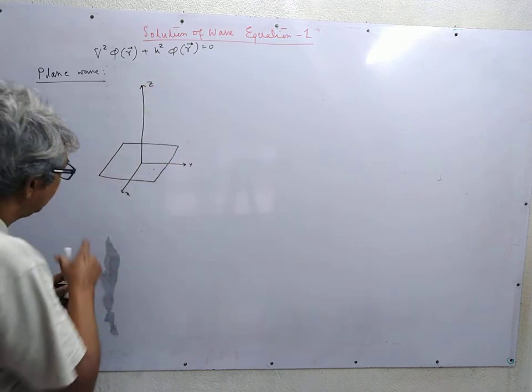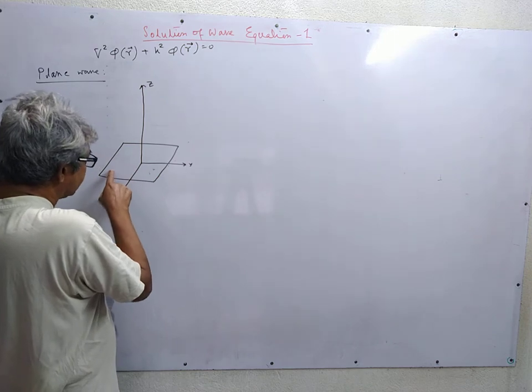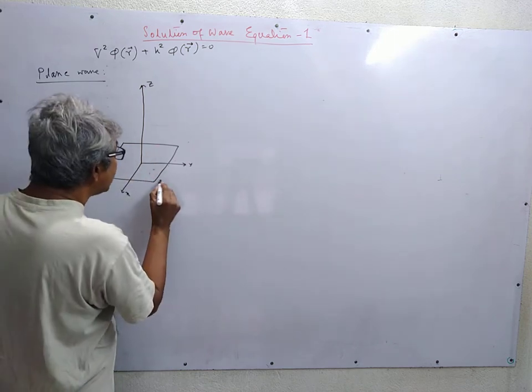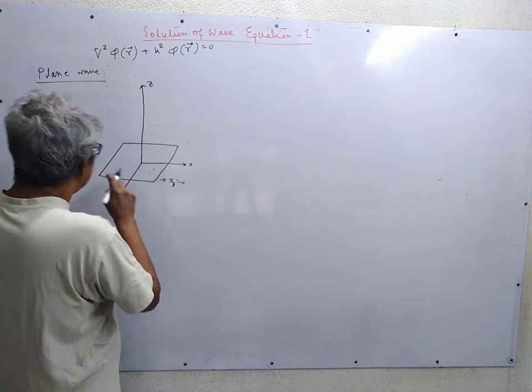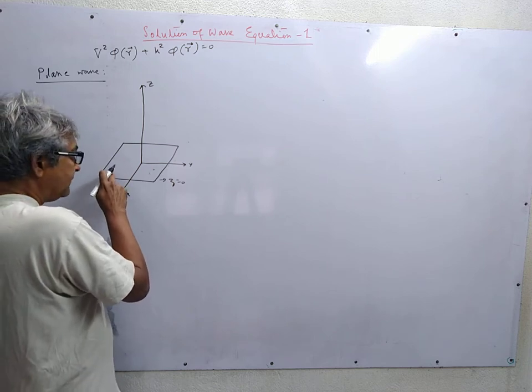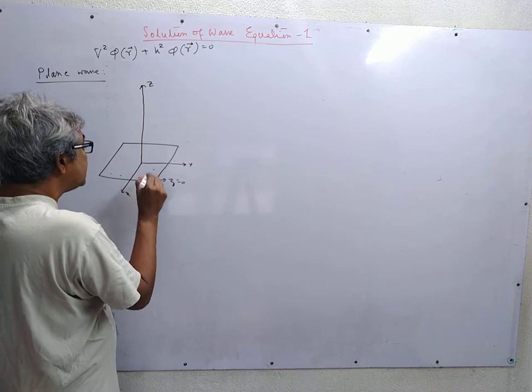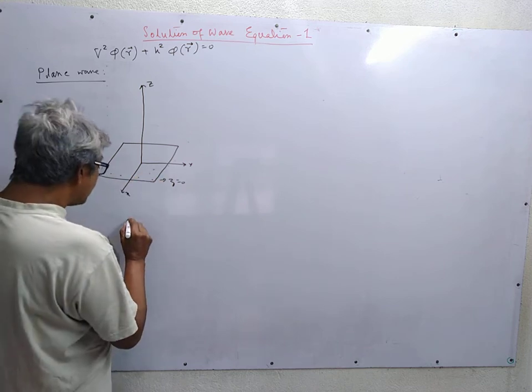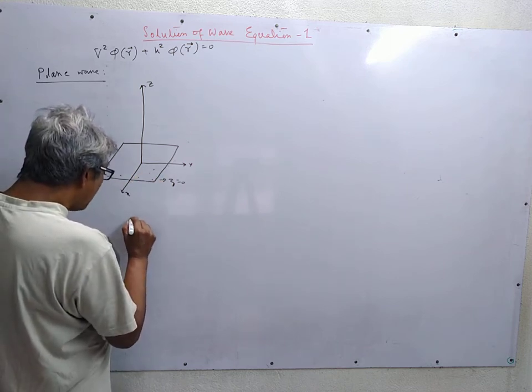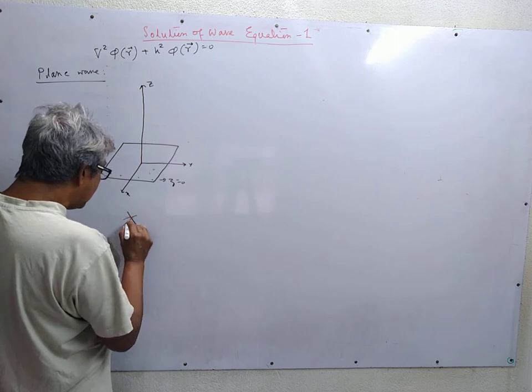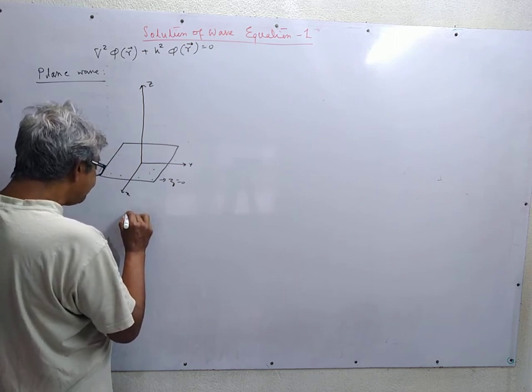Then each point on this surface, if we call it the z is equal to 0 surface, from each point the spherical wave will be generated, and this wave propagates in all the possible directions isotropically.